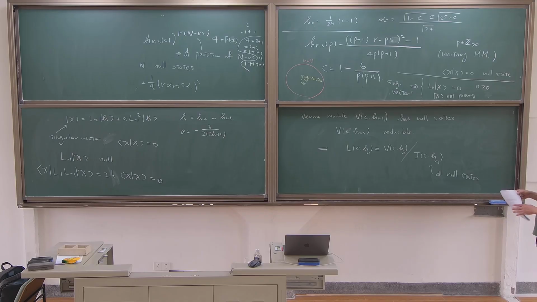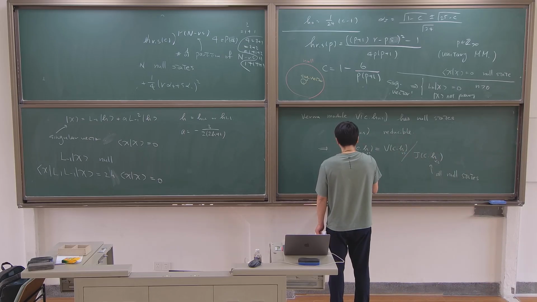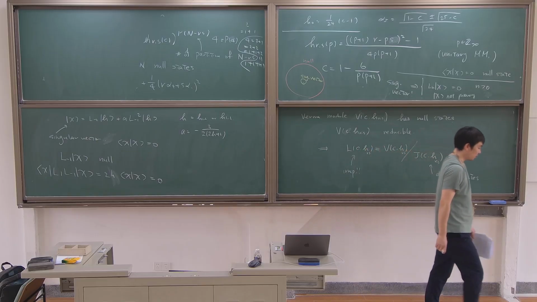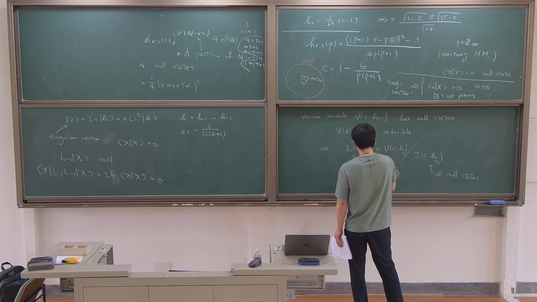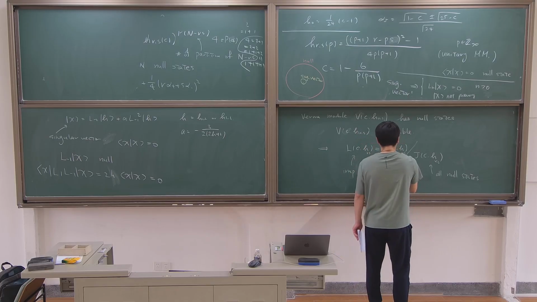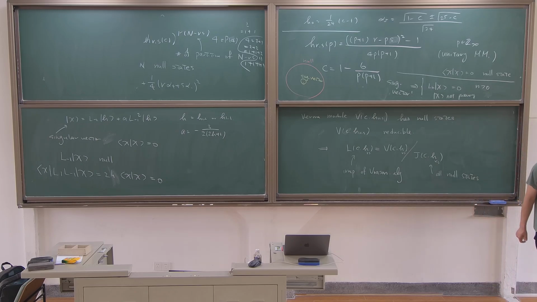So this is the irrep of the Virasoro algebra. Is there some mistake? Is it okay?